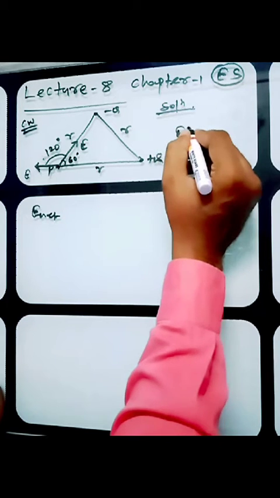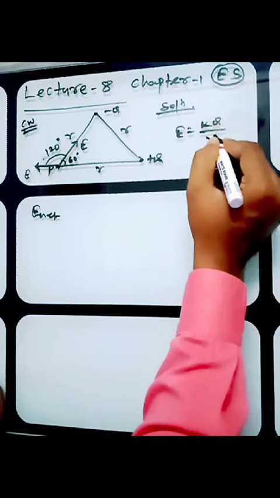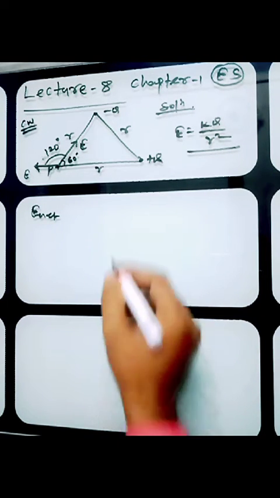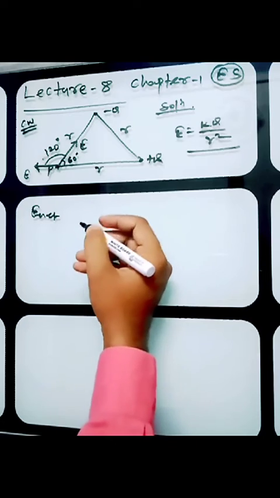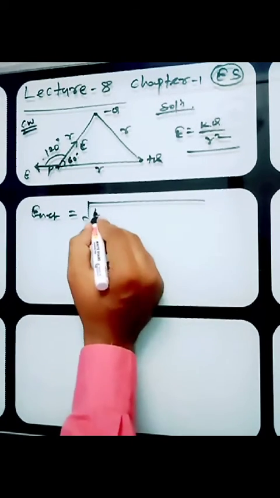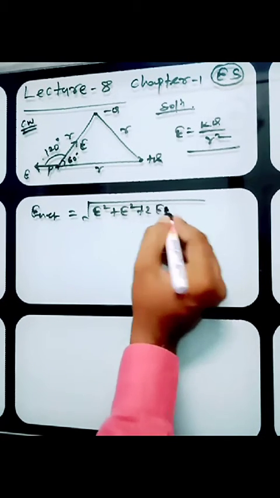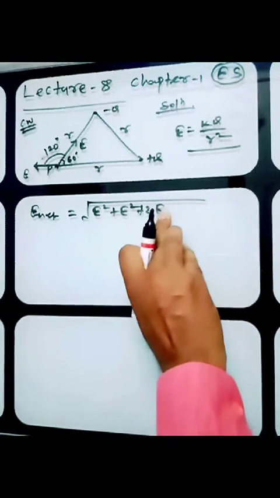Okay, E will be how much? kq by r square. This is the magnitude for both the charges, and the electric field will be root under E1 square plus E2 square plus 2 E1 E2 cosine theta.